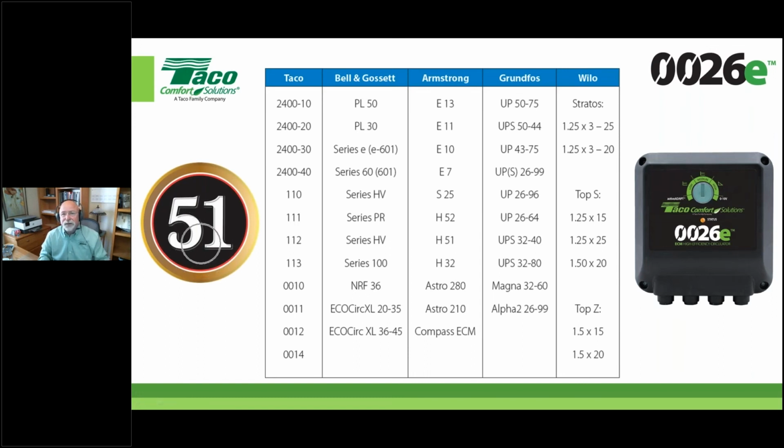That's 51 circulators that a 0026E will replace, including a bunch of Taco stuff, brand X, Y, Z, and W. So understand this is what we're trying to do to help people, help plumbers, help wholesalers sell a product that's far superior in just ECM itself being far superior than the standard efficiencies.